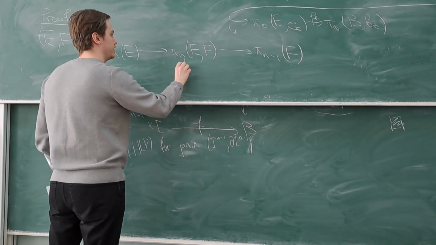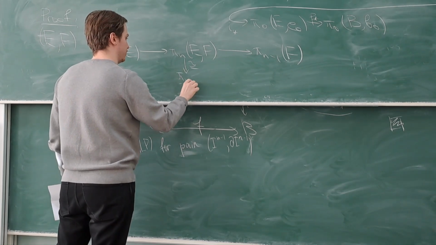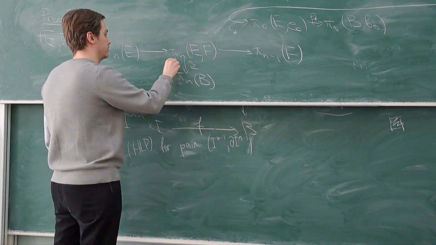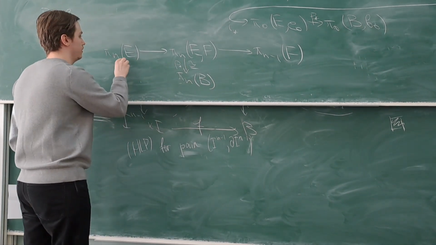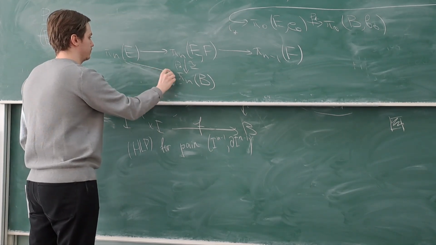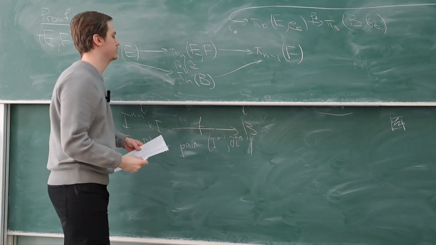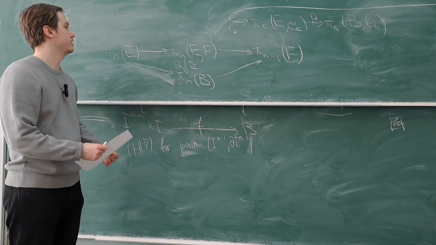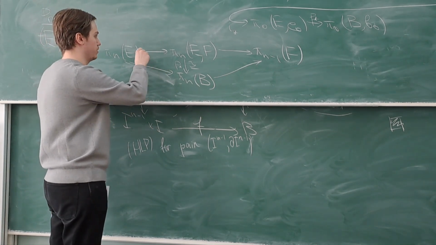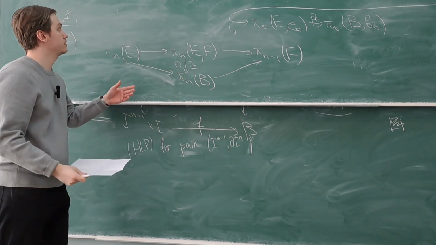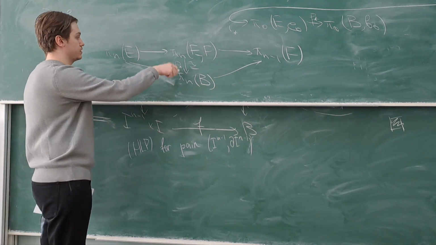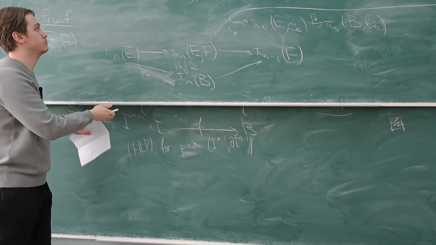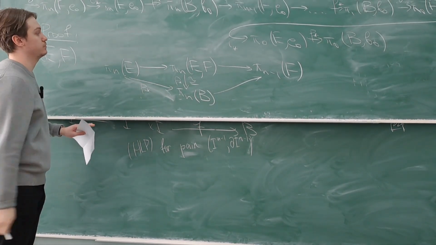And now I want to replace just this group by the group πn of B, and this is induced by P. When we replace this group by this one, we get the exact sequence, and in this exact sequence you replace this map by this map, right? This is obvious that such a composition is just a P star.